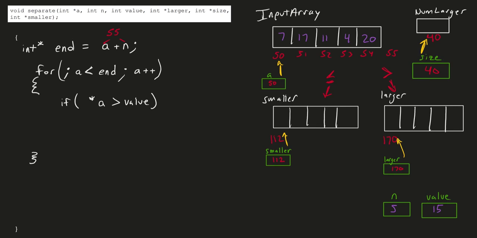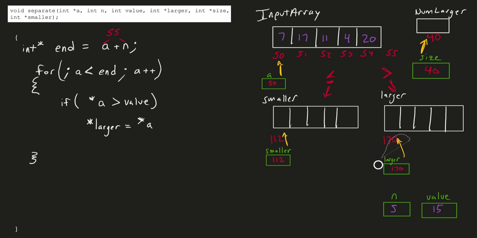Alright, well, how do I put something in here? Well, I have its memory address, larger, and I want to refer to the value residing at that memory address, and I want to put in that value that I just found was larger than our split.